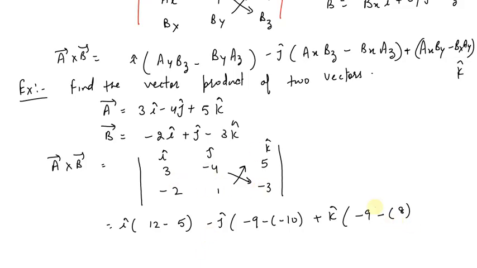This becomes 3 plus 3 and minus 8. What do we get? 7i minus j minus 5k.